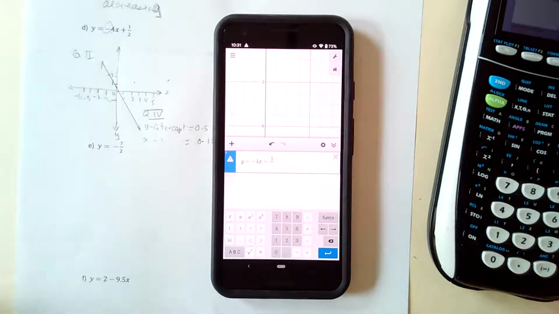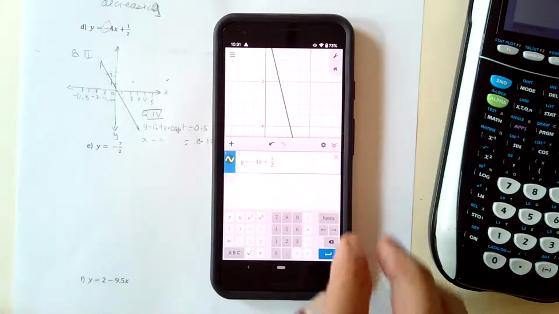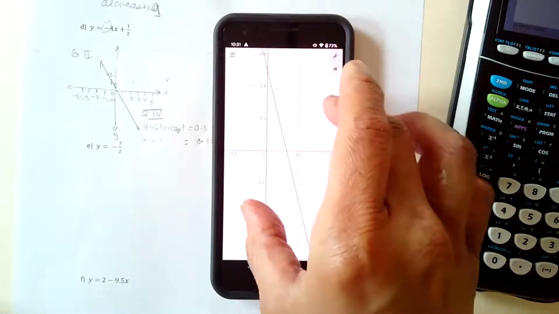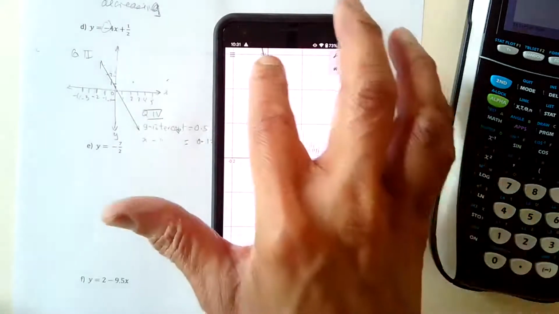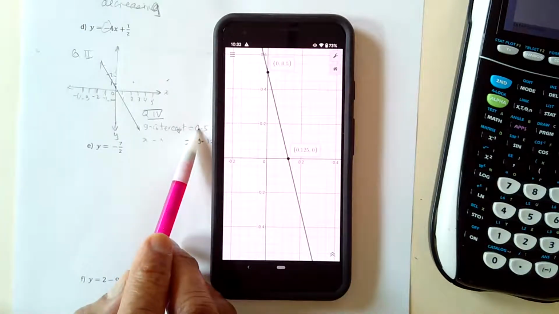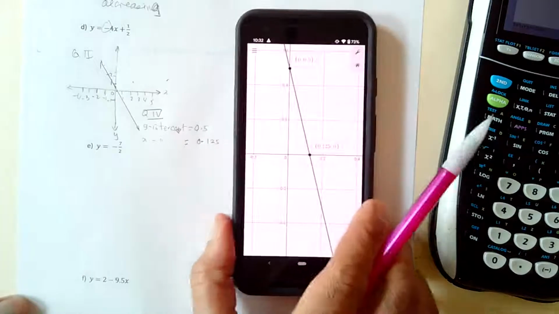It automatically changes to a fractional form, as we know it here, divided by 2. And that's all you need to do. And you toggle down here, and this is your zoom in. You tap it twice. And here are your intercepts, 0.5 and 0.125.